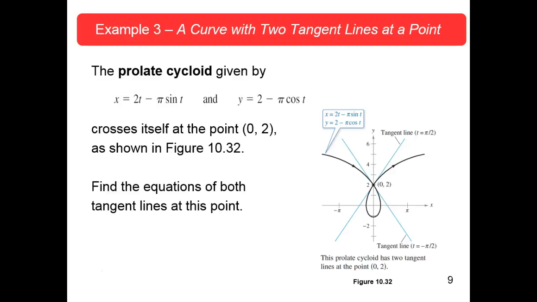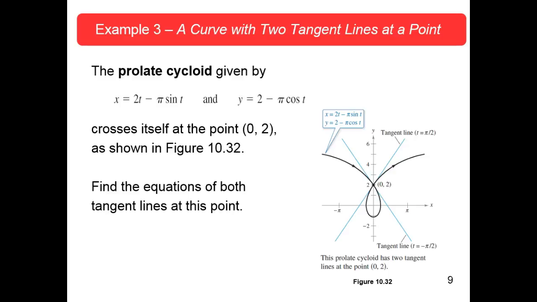Now, depending on what part of the curve you're on, and this has one point where the curve intersects that point twice. The incoming curve, this one here, its tangent line is going like that, whereas the outgoing, when it crosses that point again, 0, 2 again, this tangent line is like that.